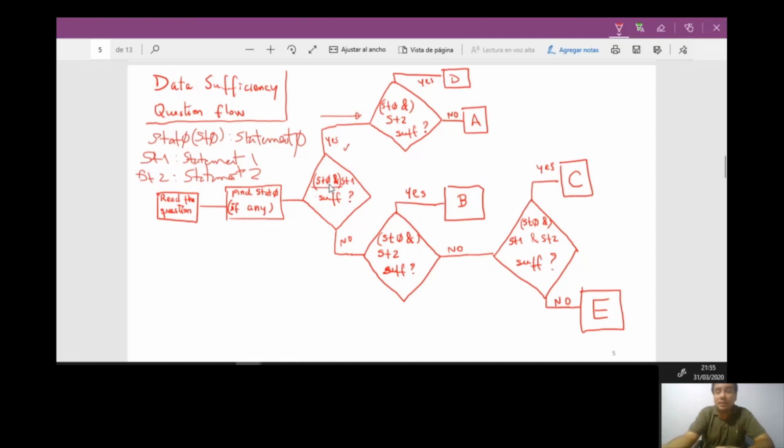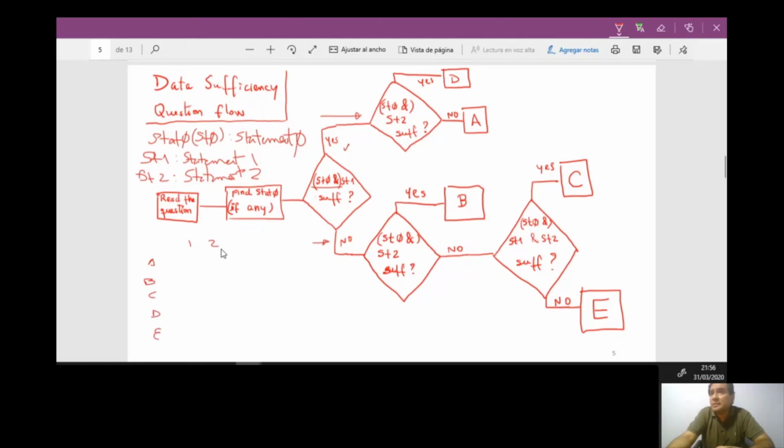So what happens if, on the contrary, you consider that statement 1 is not sufficient? Of course, that is also another possibility. If statement 1 is not sufficient, what you do is just label statement 1, do some marking in the booklet that you will receive to do your work in the exam, and just label statement 1 as not sufficient.